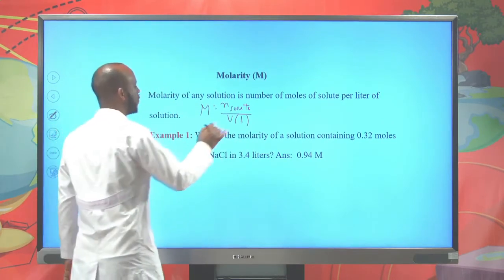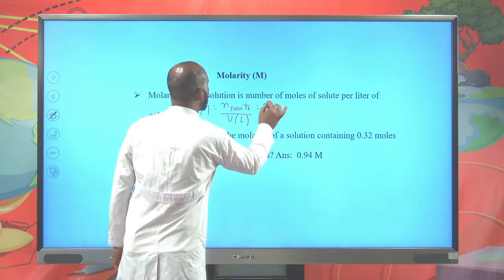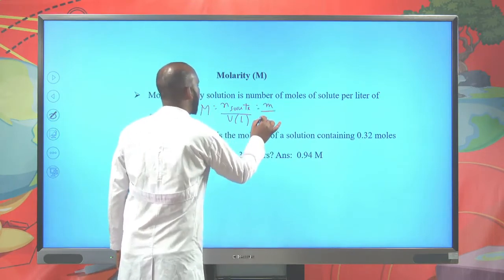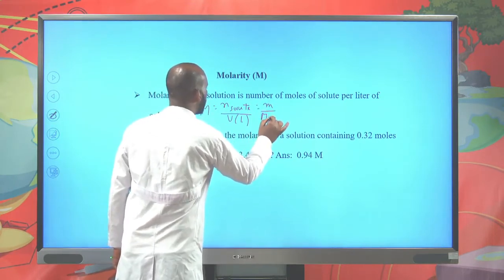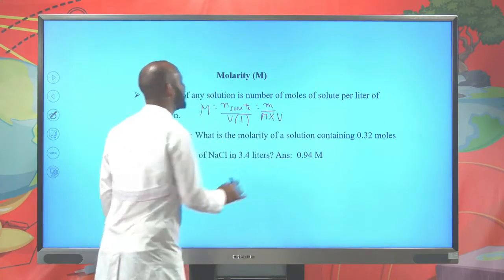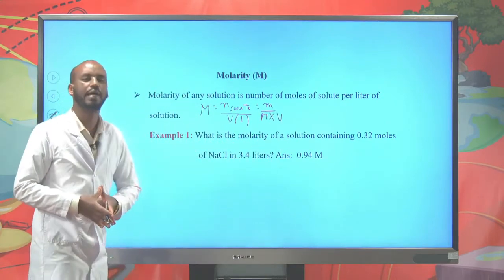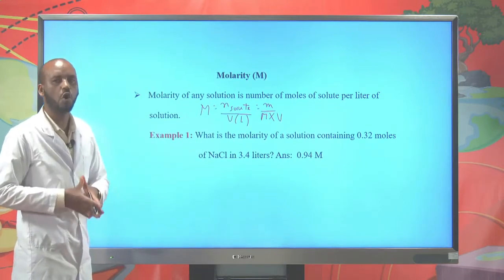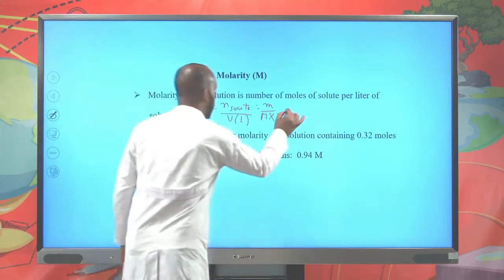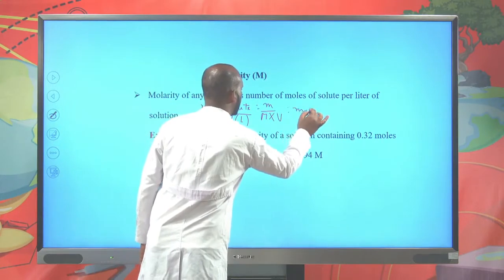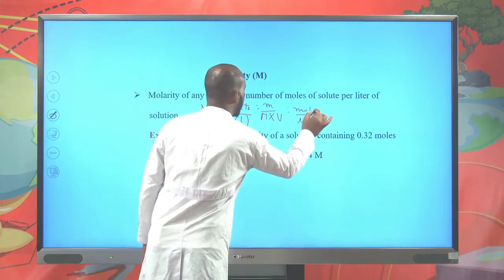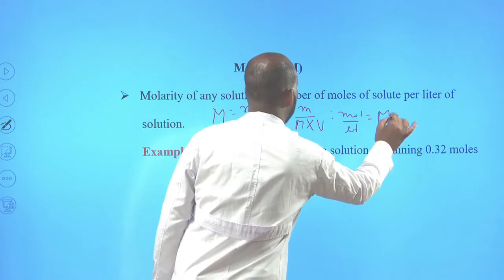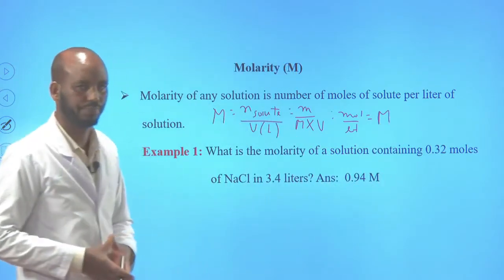But number of moles of solute equals mass of the solute divided by molar mass of the solute. Units of molarity is mole per liter, which is known as molar, capital M.